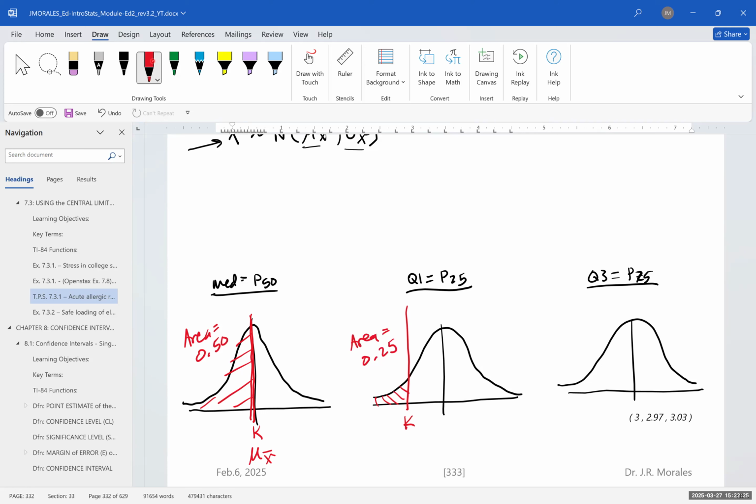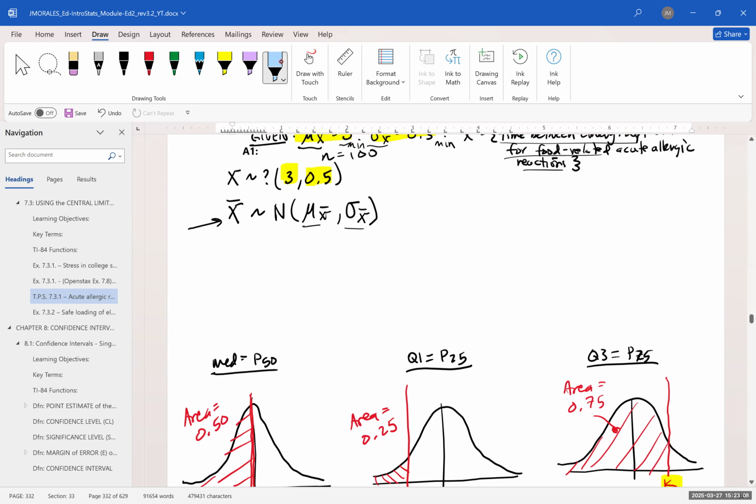And for the third quartile, it's some value where the area to the left is 0.75. We have to figure out these values of k for each of these three. But to do that, we need to know both the mean and the standard deviation for this distribution.